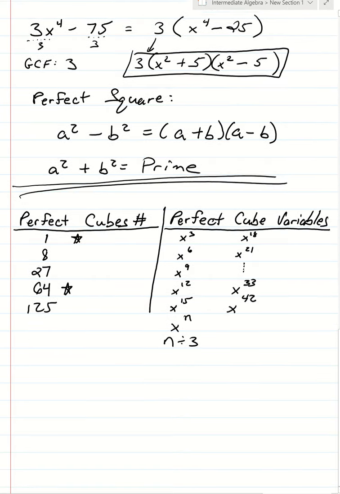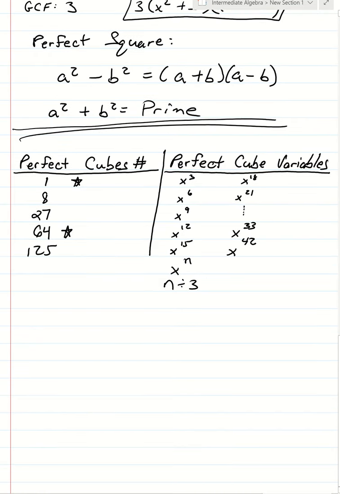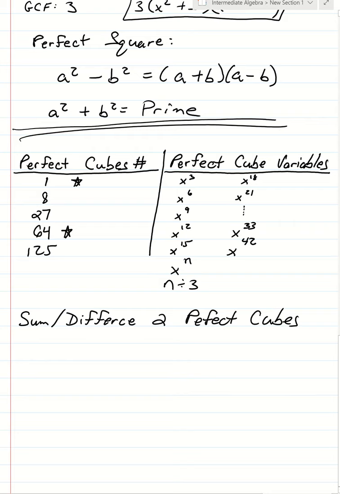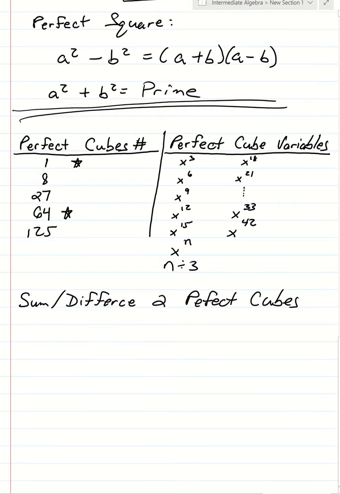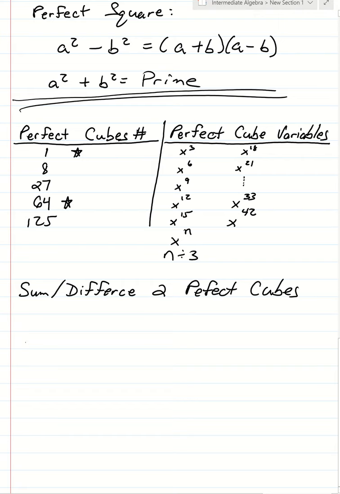So, when we take a look at perfect cubes, once again, I'm going to give you a formula for the sum and difference of 2 perfect cubes. First of all, let me give you the formula for the sum of 2 perfect cubes.